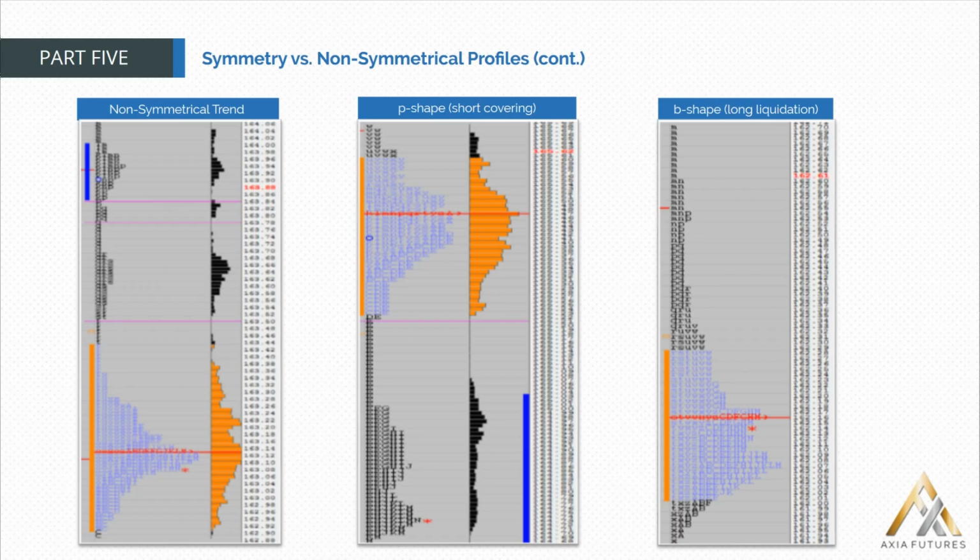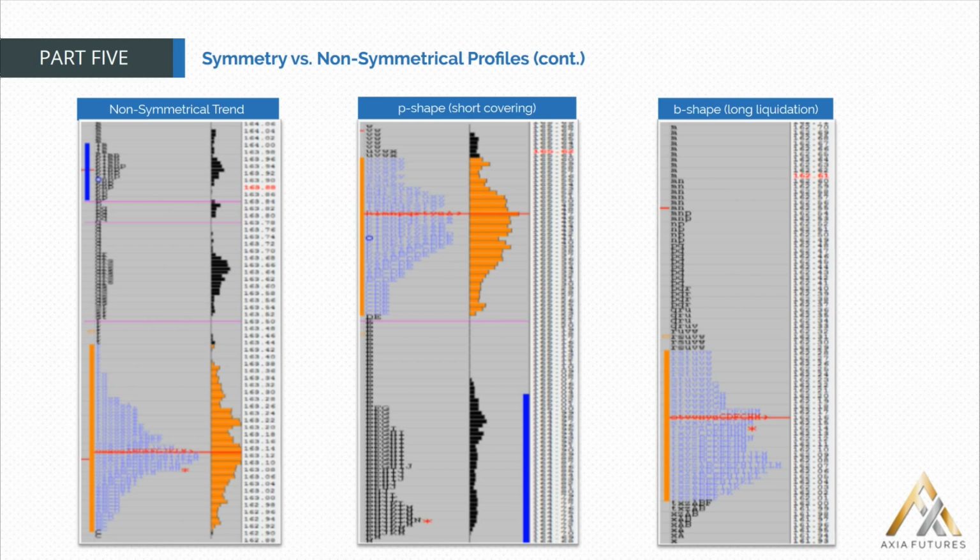The third example is a B shape or long liquidation. Again, what we can see here is that the market opens, it tries to move higher, the buyers try to initiate higher prices before running into very aggressive responsive sellers. Those responsive sellers keep selling those prices, and buyers are forced to liquidate their long positions by selling out.